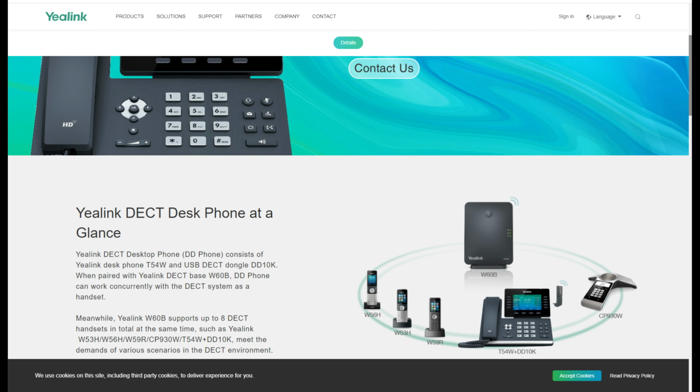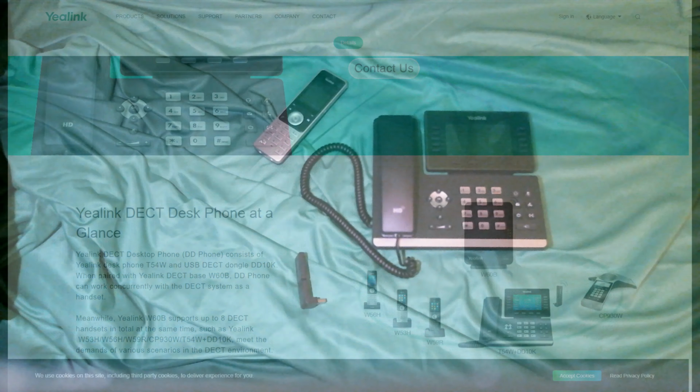Okay, so as you can see here, I actually have these three devices, so you can physically see what they look like. Looking at the Yealink phone, that device is going to be more for your small business.